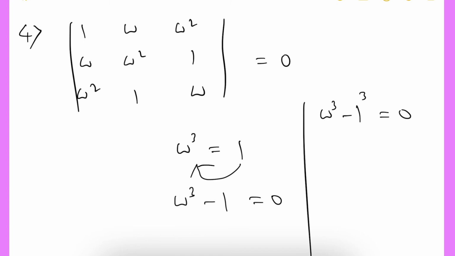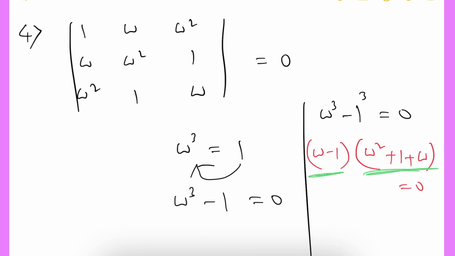So a cube minus b cube is nothing but (a minus b) into (a square plus b square plus ab), that is (omega minus 1) into (omega square plus 1 square plus 1 into omega), that is equal to 0. Now this first one make it equal to 0, this second one also make it equal to 0. So we get omega minus 1 equals 0, or else omega square plus omega plus 1 is equal to 0.